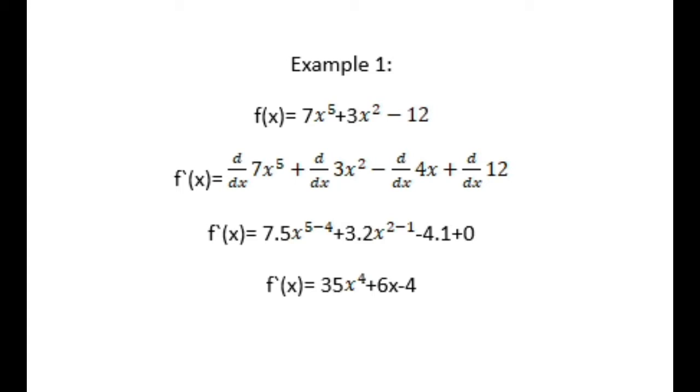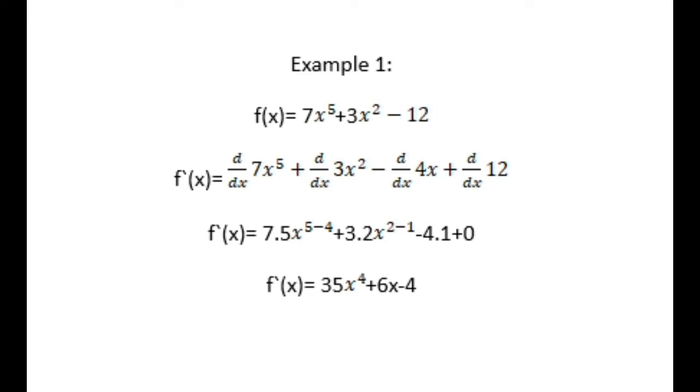The next step is to take the derivative of each term. So, the derivative of 7x raised to the power of 5 is 7 times 5x raised to the power of 5 minus 1.